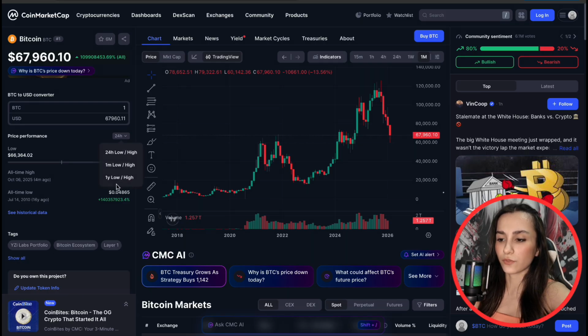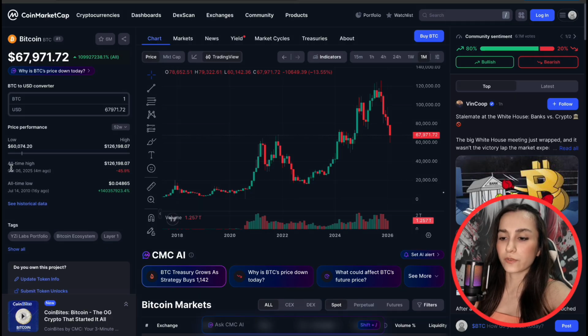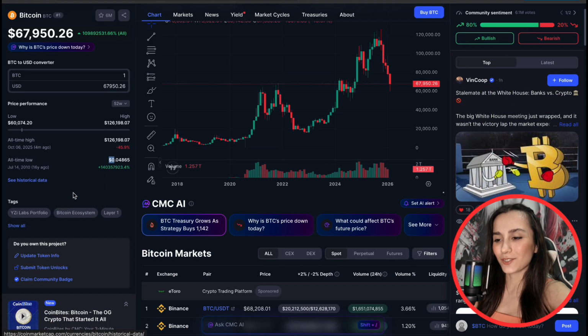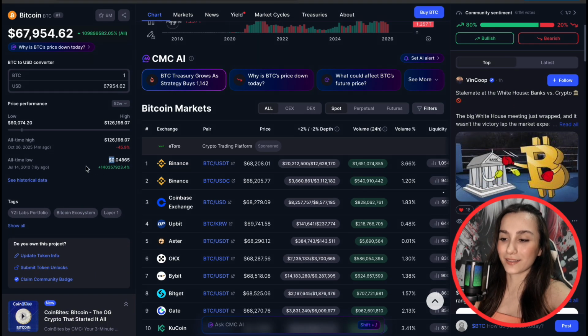But if you change it to 1 year, you will see the lowest price this year was 60k and the highest price this year 126k, which is a good rise. Also when you scroll down, you will see the all-time high is 126k and the all-time low 0.04. Anyway, that's good because it's Bitcoin, it has made this much rise.